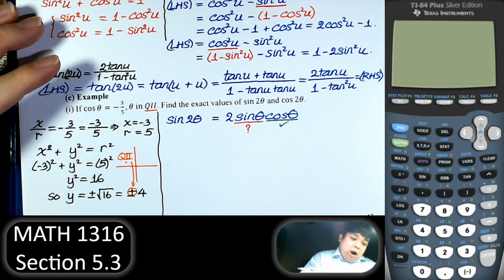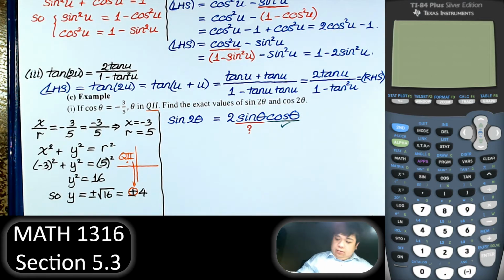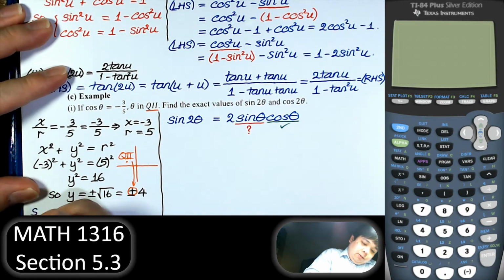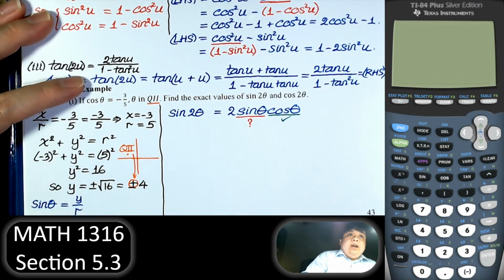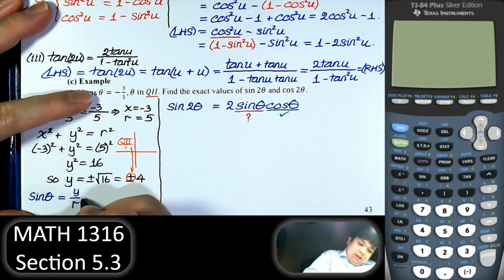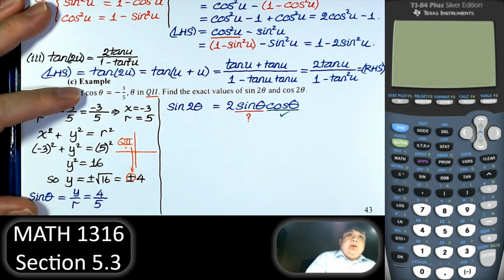So we have y. And finally, if we want sine, it's y over r, and y is 4 over r, 5. So that's what we have.